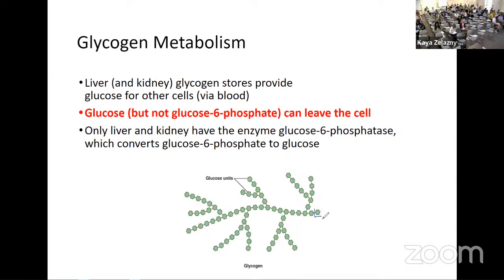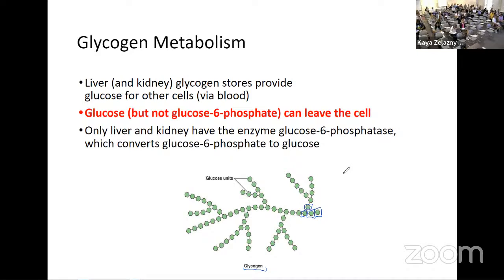But you can see those glucose monomers building into our larger polysaccharide. So our polymer glycogen is made up of a bunch of little glucose subunits. They're just our building blocks. And we have this sort of branching chain form. We're just stringing them all together like beads.